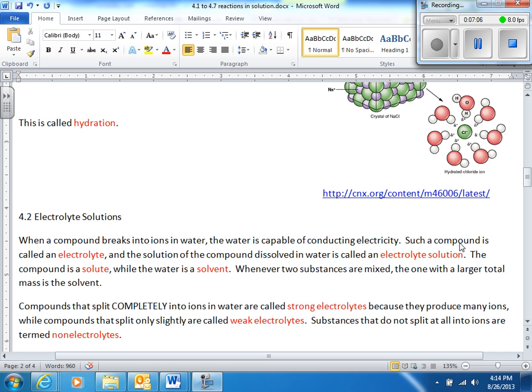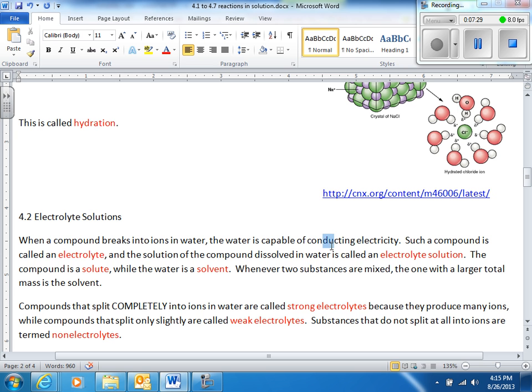On to section 4.2. So this is about electrolyte solutions, and there's nothing really fancy about this. Electrolyte, this word gets students freaked out sometimes. You just think electrical. What does electricity do? When we turn on the electricity, lights light up. It means that there's electricity flowing. An electrolyte solution is just a solution where electricity can move through the solution.